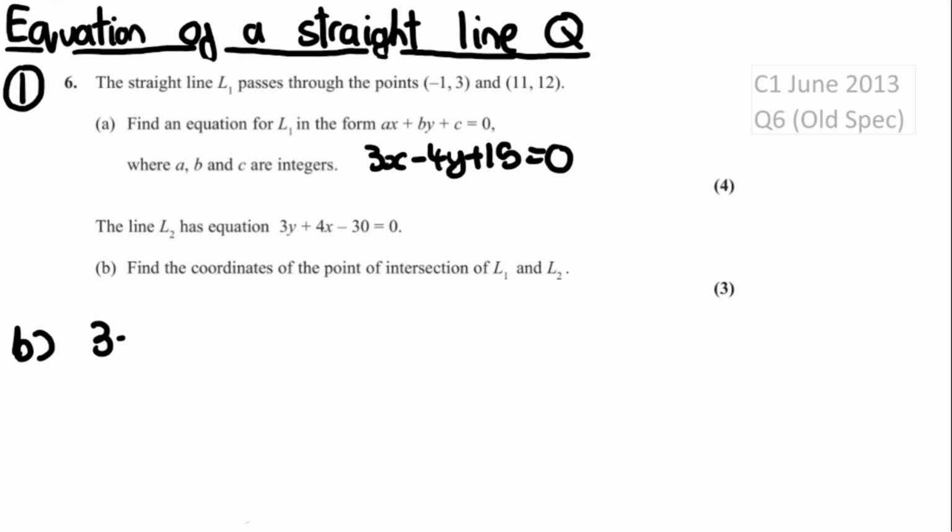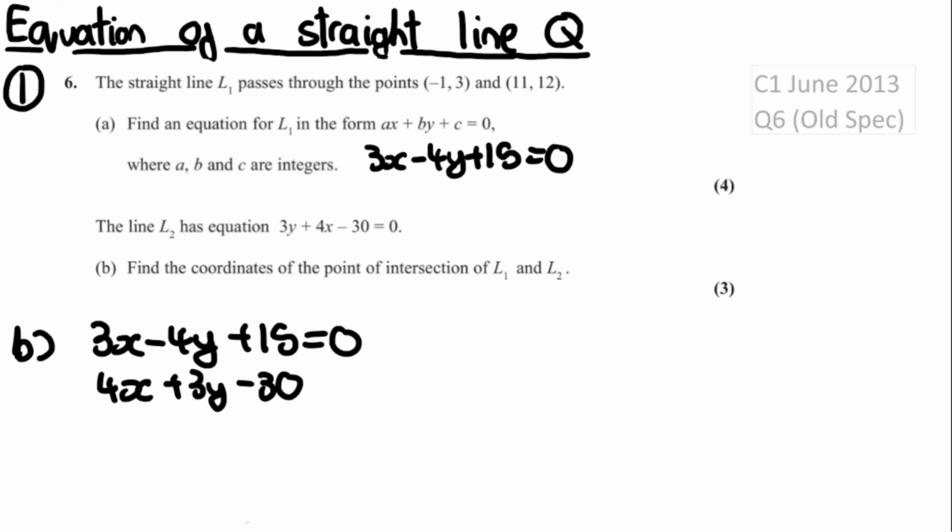So I'm going to write this as 3x minus 4y plus 15 is equal to 0. I'm just going to rearrange the other equation slightly to 4x plus 3y minus 30 equals 0, just to get it in a neater form. And then what I'm going to do is times this equation by 4, and times this equation by 3 to get the x coefficient the same.